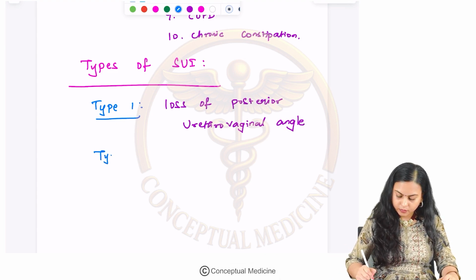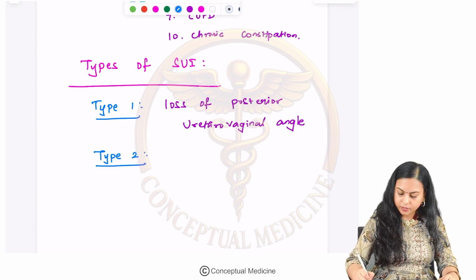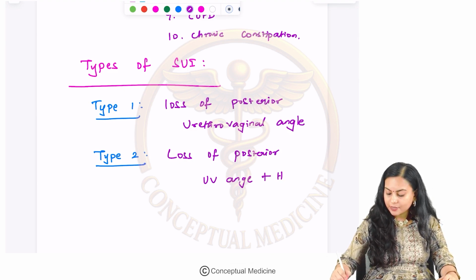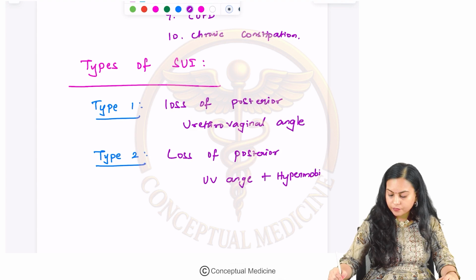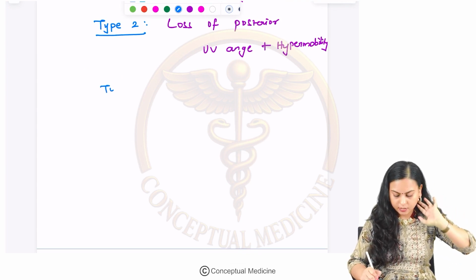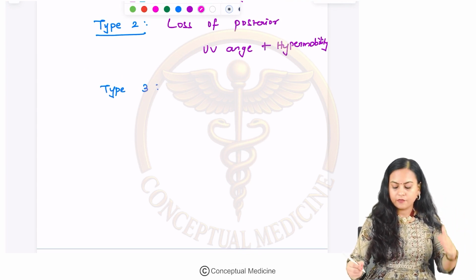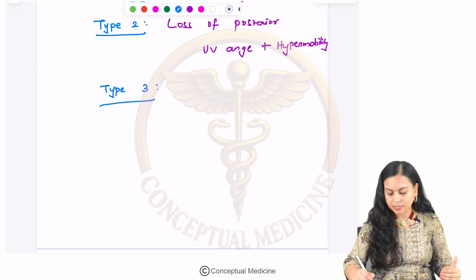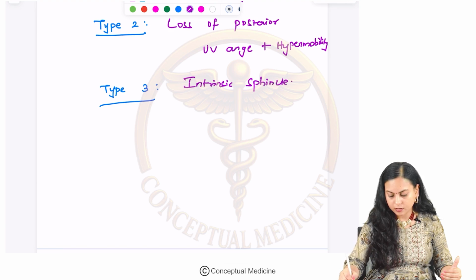Type 2, where you have the loss of posterior UV angle, plus there is hypermobility of the urethra, and then type 3, where there is intrinsic sphincter deficiency.